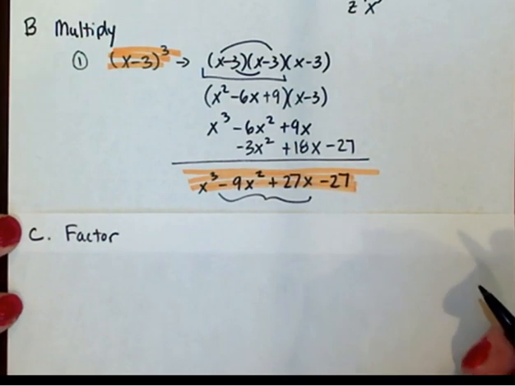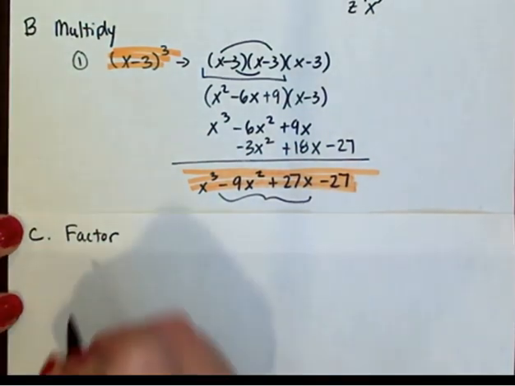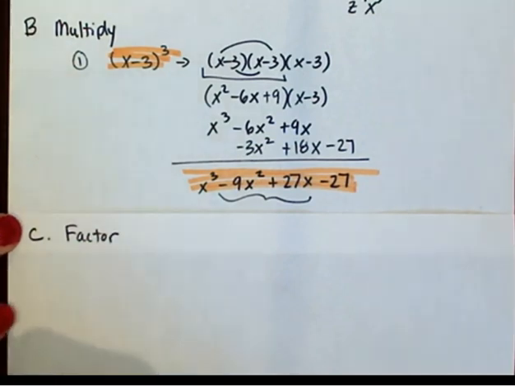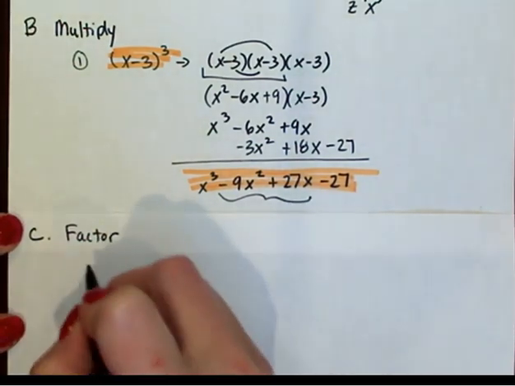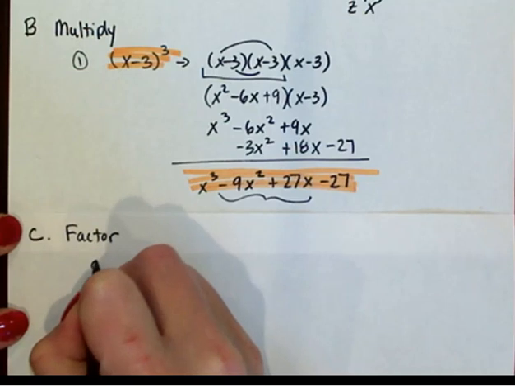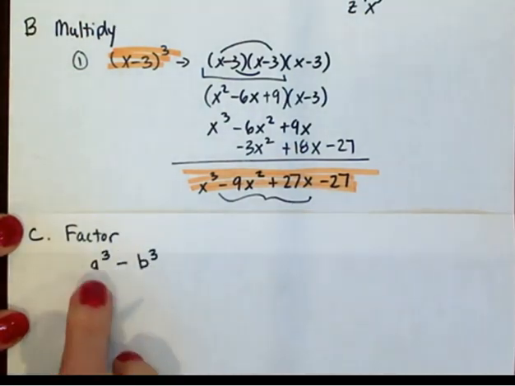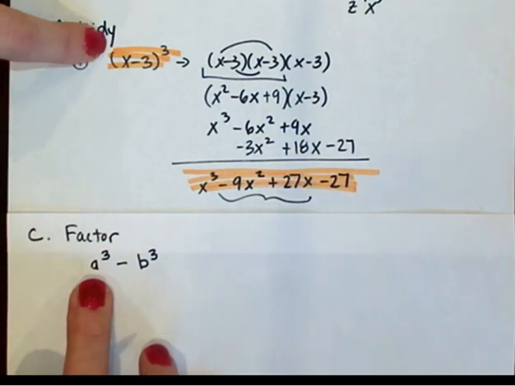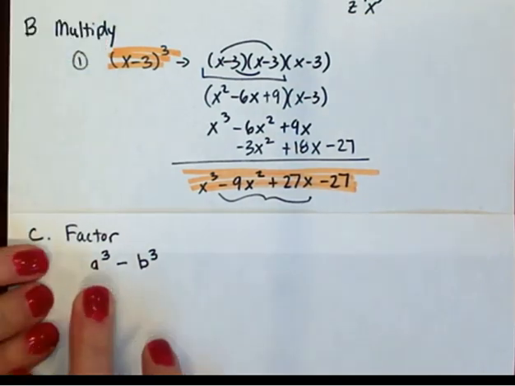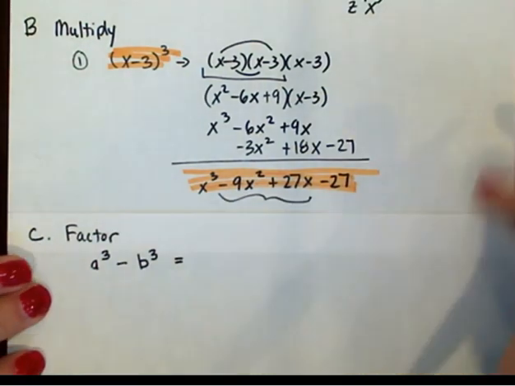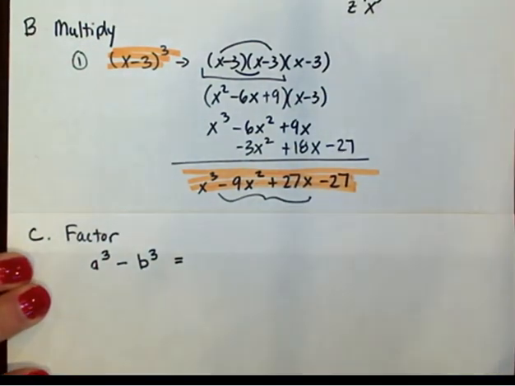In example B, we looked at multiplying with a cube power. This time we're going to look at factoring with a cube power. If you are given 2 perfect cubes, let's start with a cubed minus b cubed. Notice first that the exponent is in a different place, and so is the grouping symbol. There is a formula in order to remember how to factor this expression.